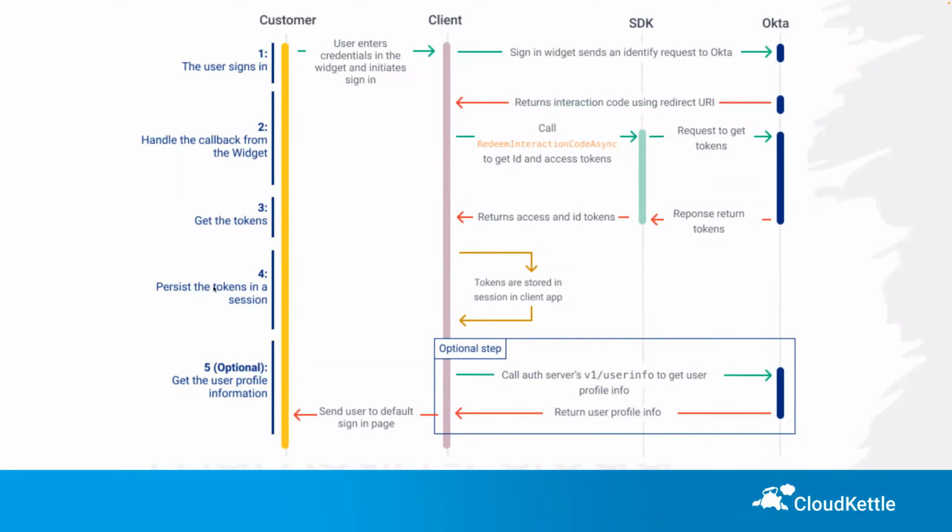And once a token comes through, the token gets stored in your session. Now, this particular point is pretty important because everything else up until step 3 is basically handled by the Okta SDK. The SDK does all the work of validating or connecting with the Okta server and then getting a token.